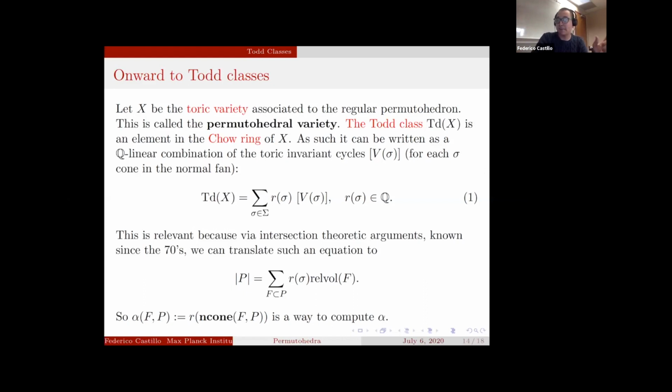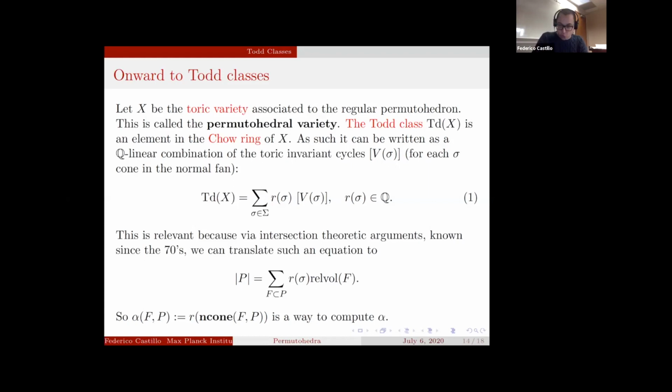There are some known results that certain torus-invariant cycles generate this ring. So any element, in particular the Todd class, you can write as a combination of these generators. They are not a basis, there are relations between them, they are not unique and so on.